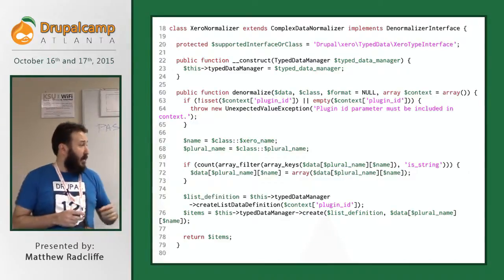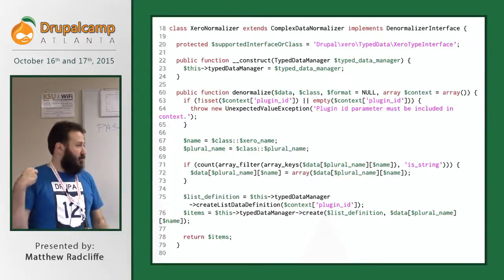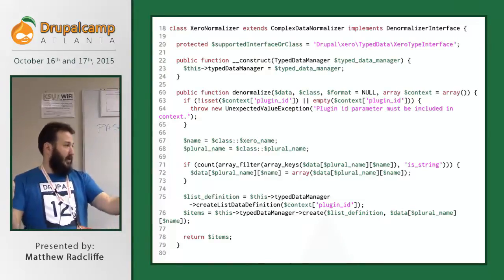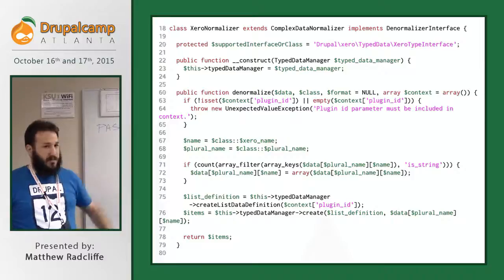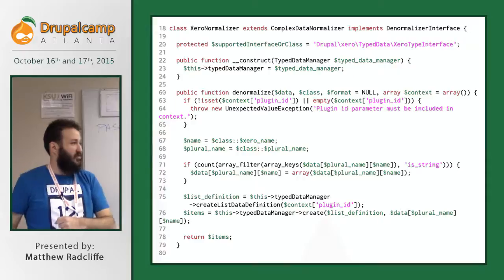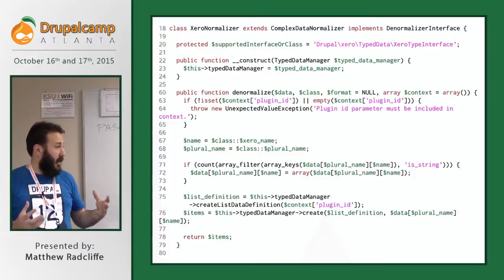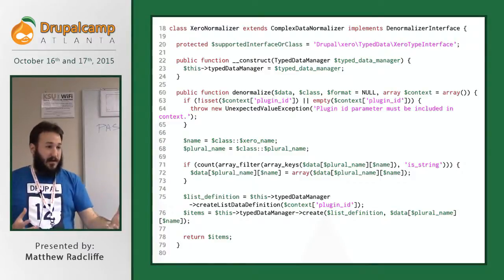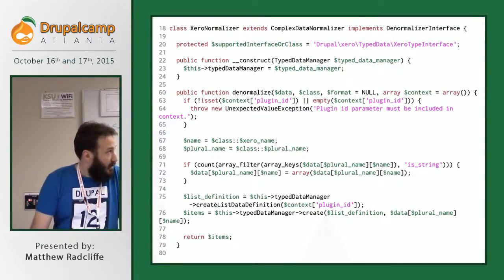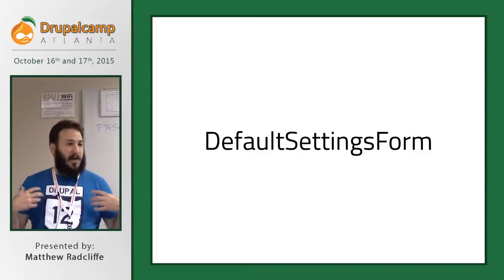And with that, I can call the create method on the type data manager, saying create a data type that is defined by these properties with this data, and the data is what the serializer deserialized from the Symfony string. Then I have something like an entity that I can call methods and getters on to get the value.